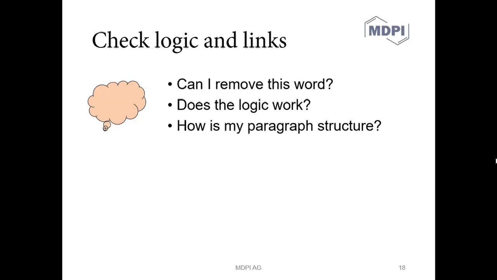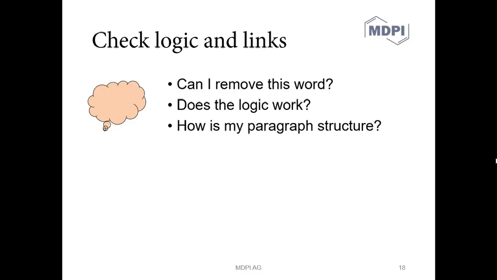So questions that you can ask yourself when you're looking at the logic and linking words within your writing are, firstly, can you remove this word? Is it really necessary? Words like however, although, but, therefore, even, and. If you don't need it, get rid of it, because words like this can often disrupt the flow of the reader, and they're thinking about whether these things really connect rather than taking in the information that you're giving them.